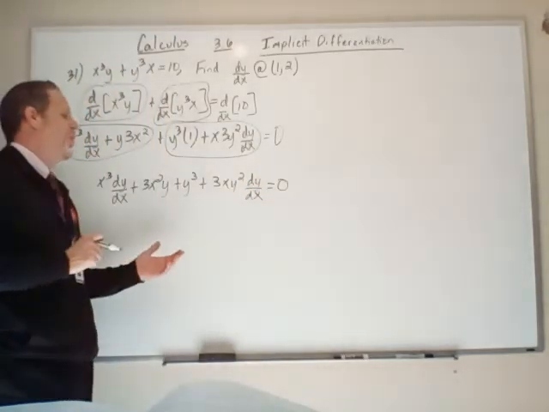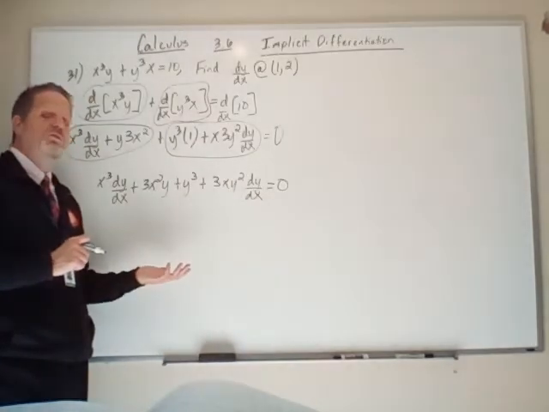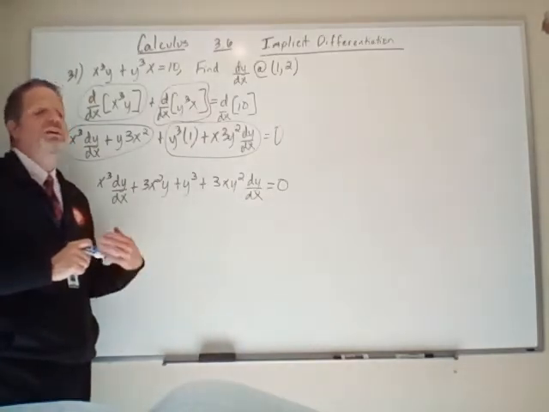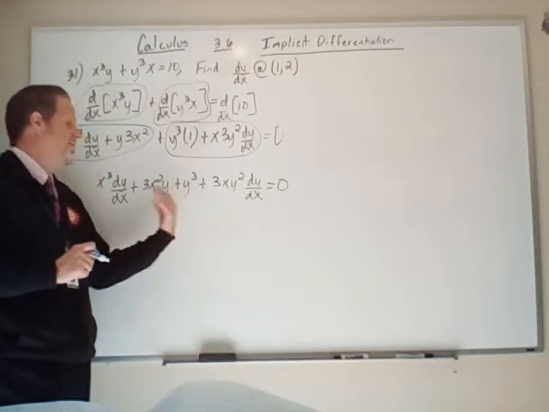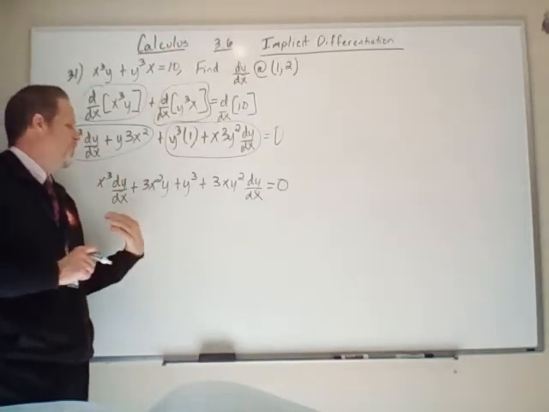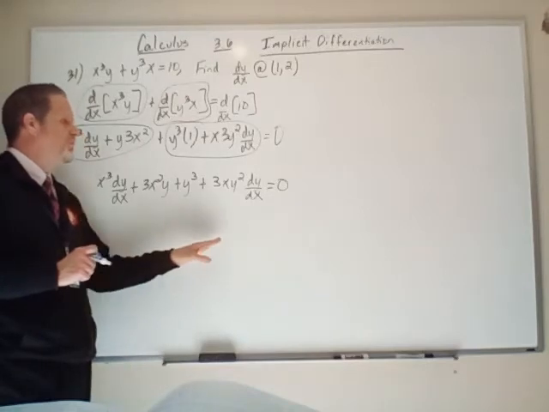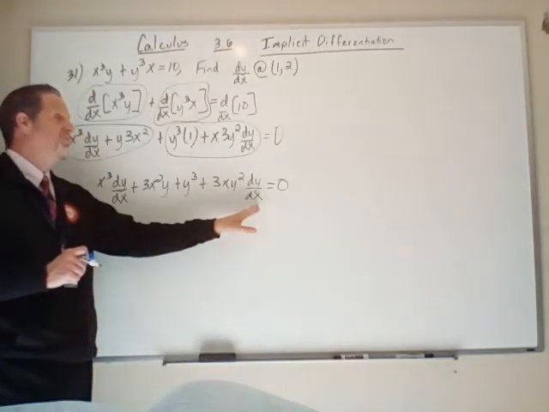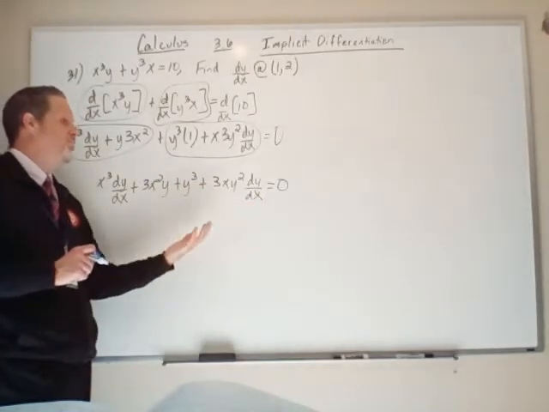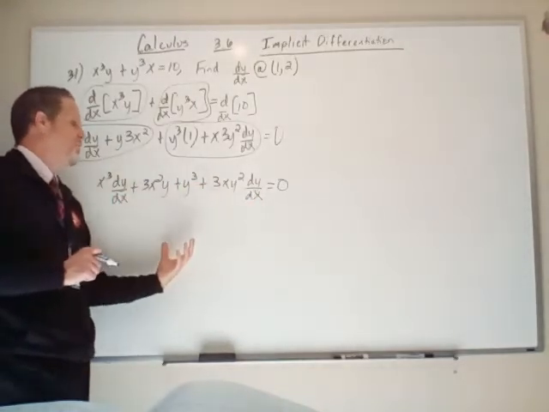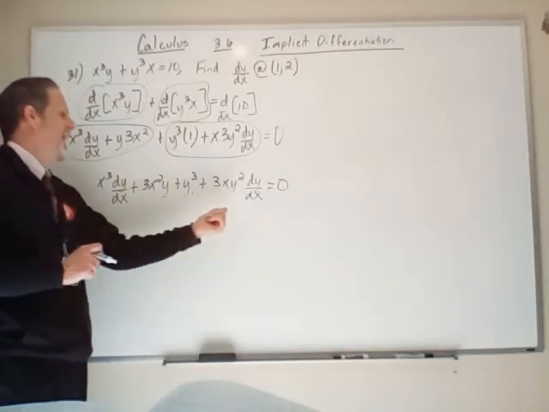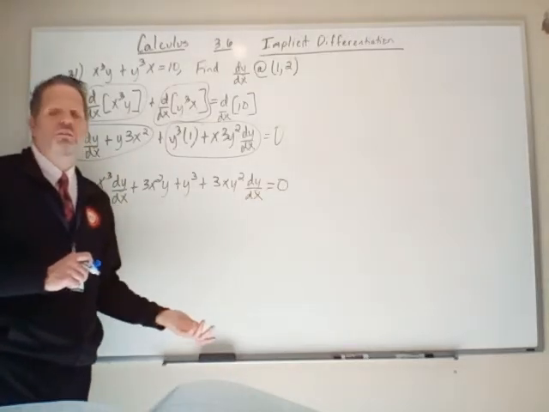For this problem, we are not asked to find dy/dx specifically. We could, at this point, solve it for dy/dx, and we'll do that in a second. However, if you were just looking for dy/dx at the specific point, I could plug in for x and y now, get all numbers except for the dy/dx operator, and solve for that.